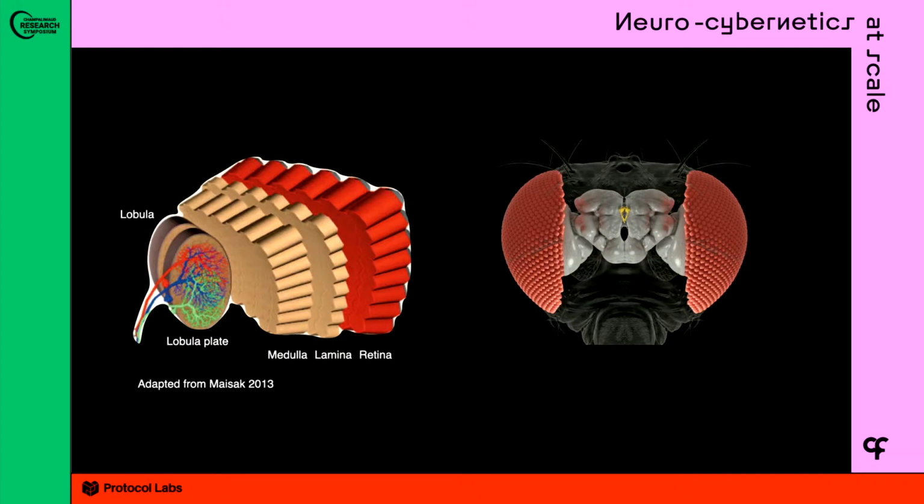And the cool thing is that the neural network that processes this visual input also has a perfectly crystalline hexagonal lattice. There's the retina, the pixels, the photoreceptors organized in that way, and then there's the lamina, medulla, lobula, lobula plate. These are called columns, and these columns are arranged in a very repetitive pattern.